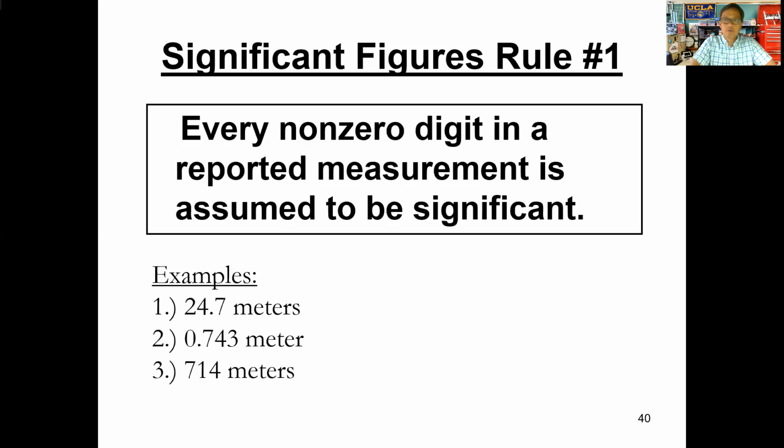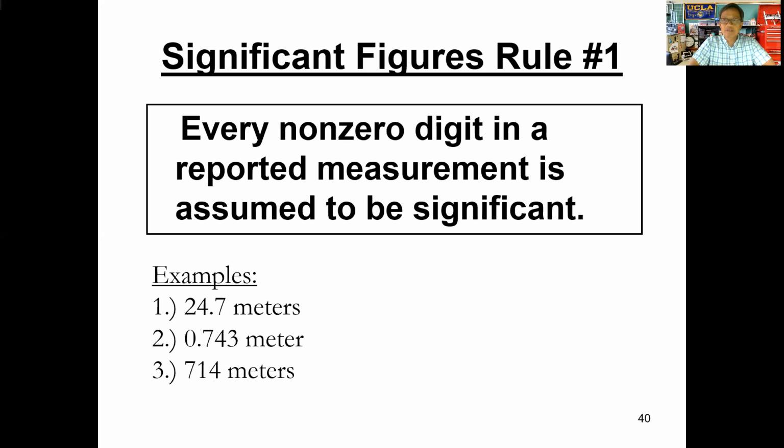Like I pointed out, these rules are fairly arbitrary, just like most rules are, but we have to learn them, and if we learn them, we'll be able to use them to interpret the level of precision of these measurements. There are five rules that you have to learn. Let's go through each one of the five rules, and then we're going to apply them and practice them.